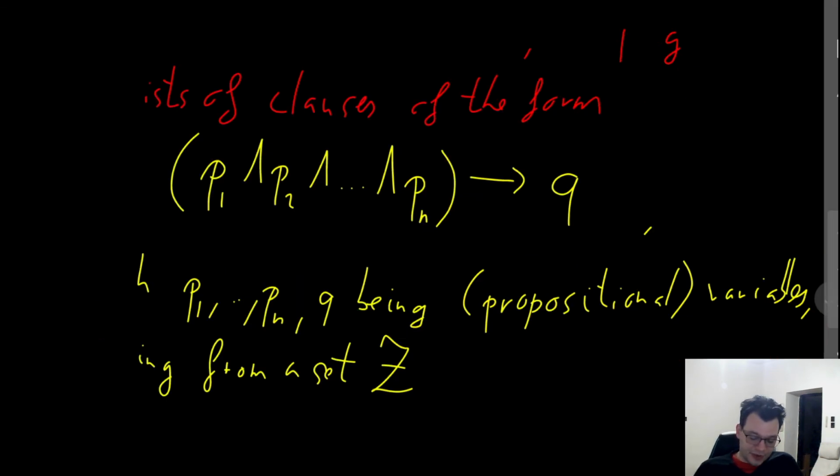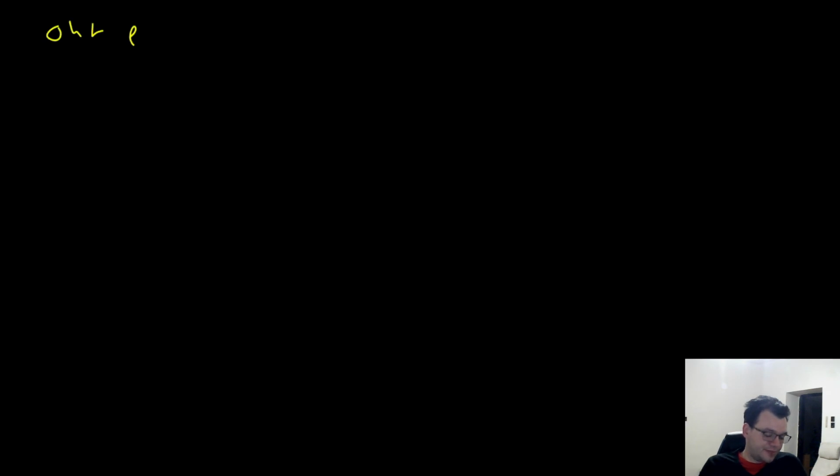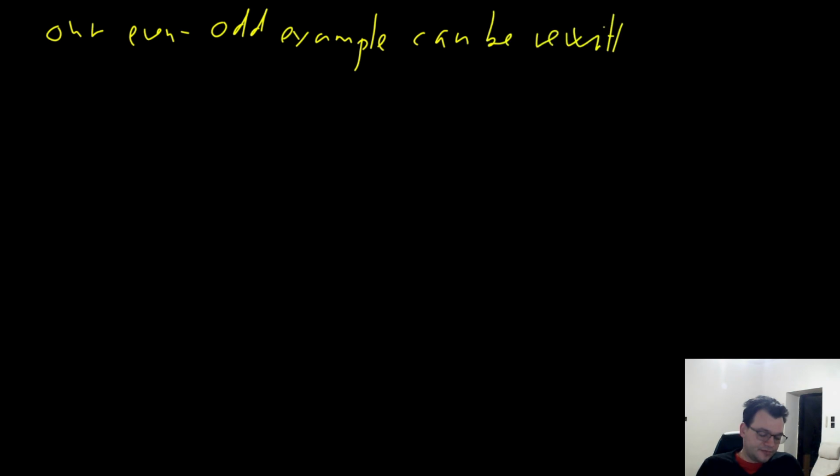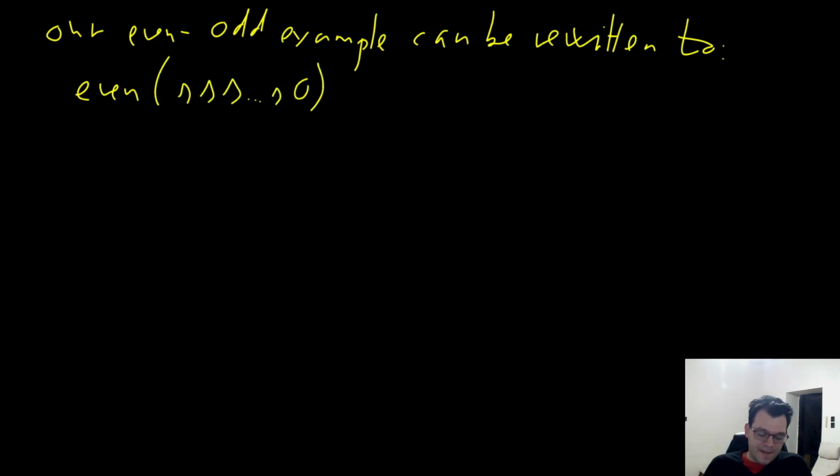So for example, now the even odd example can be rewritten to, now let's say that even of the successor of the successor of the successor of the successor of 0 and odd of the successor of the successor of the successor of 0, right?